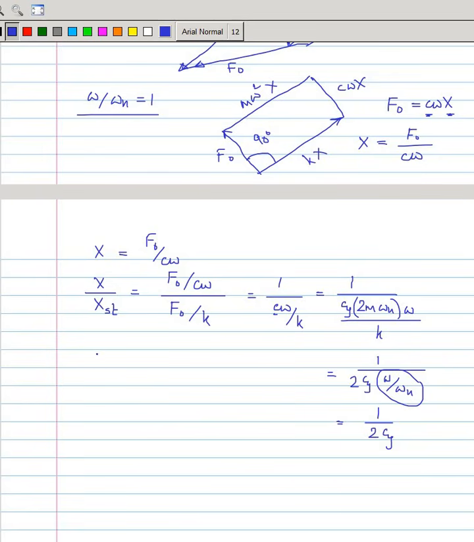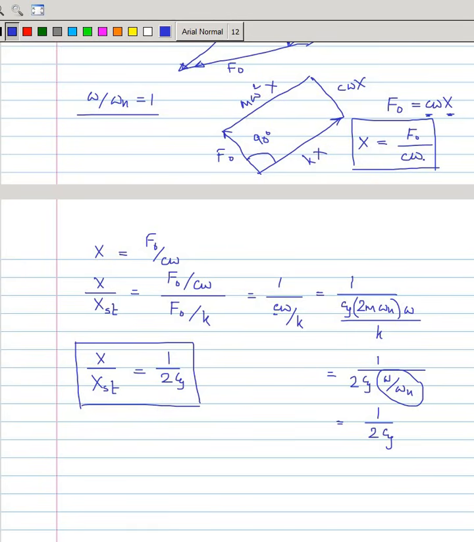So x by x static is 1 by 2 psi. So this is important and this is also important. So from here you get this. Actually you can directly put omega equal to omega n here, because omega by omega n equal to 1 is the case, and if you put omega n here, you directly get this.